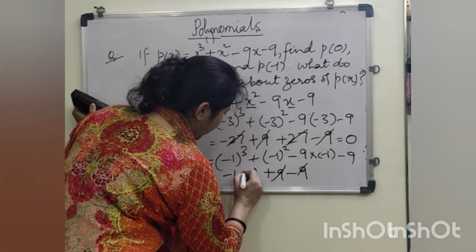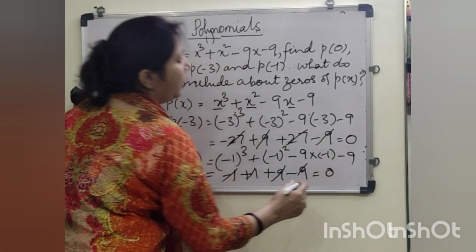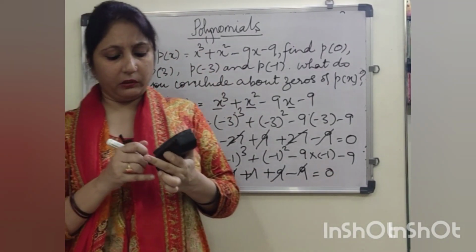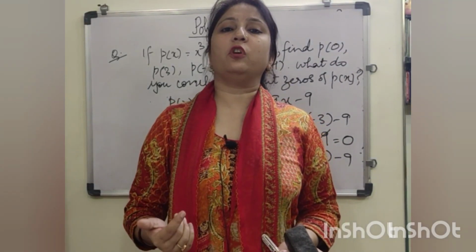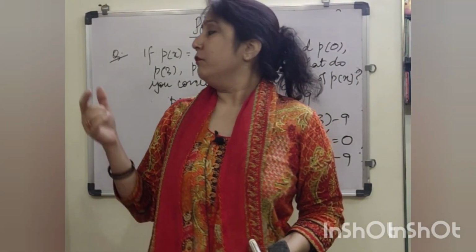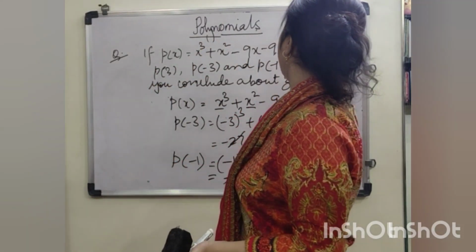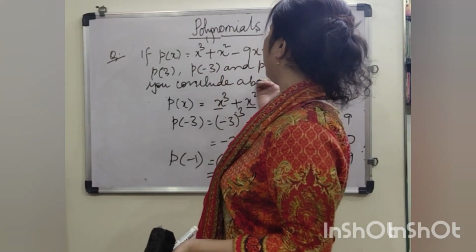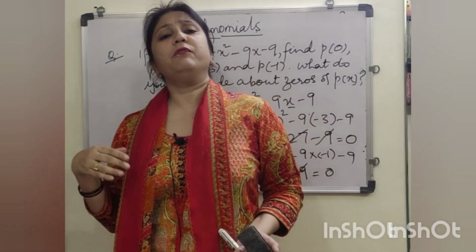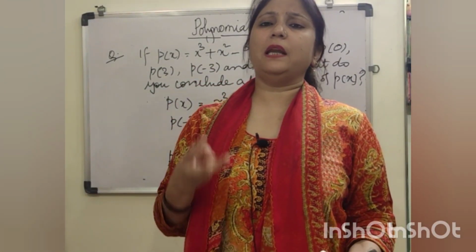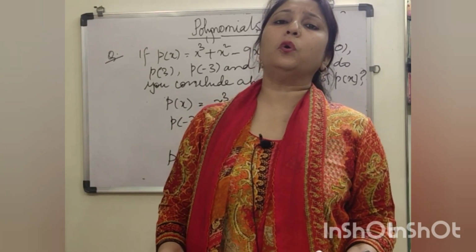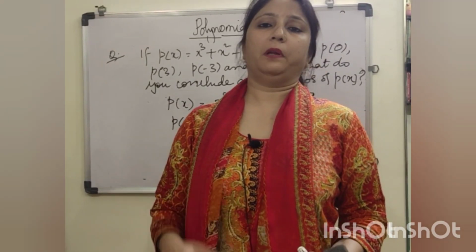And again you can see we get 0. That means x is equals to minus 1 is also the zero of the polynomial. We have calculated for 4 values 0, 3, minus 3 and minus 1 and we concluded that 3, minus 3 and minus 1 are the zeros of the polynomial.